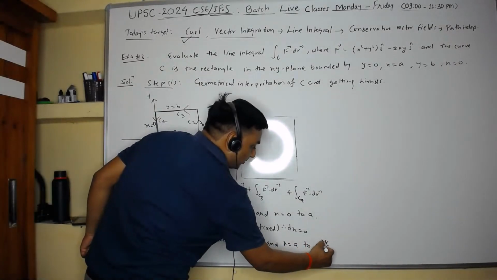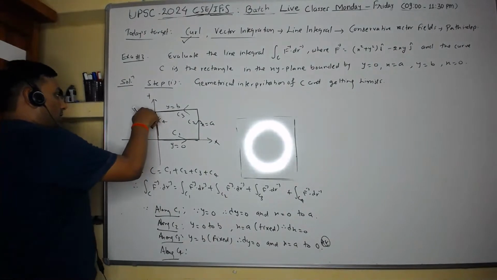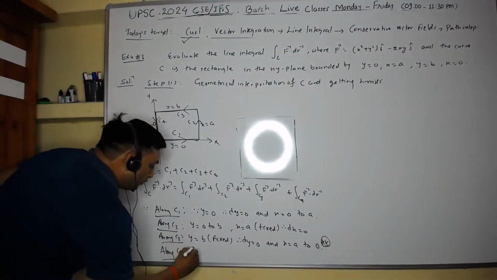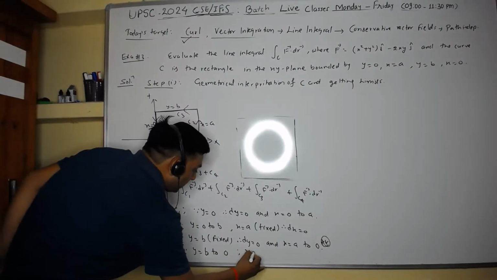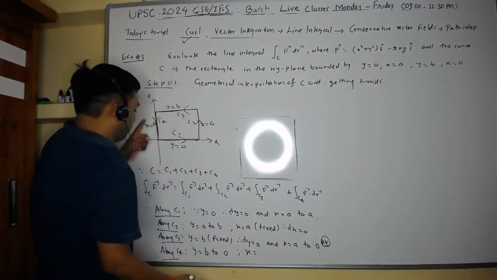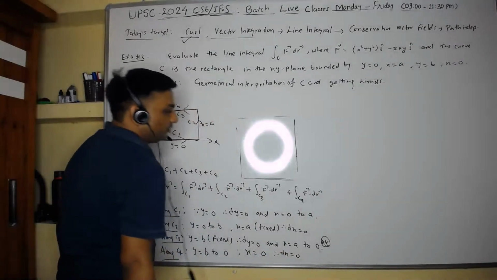I'll put a star mark here. Along C4, y is going from b to 0, x is fixed, that is 0, therefore dx is 0.